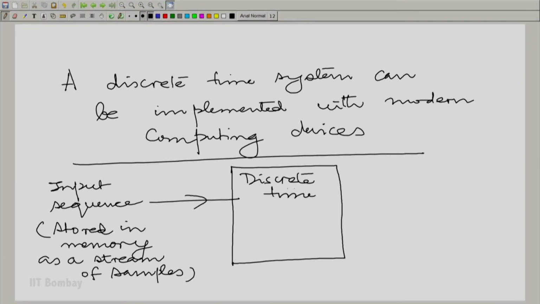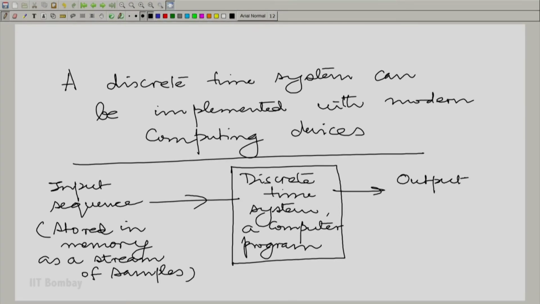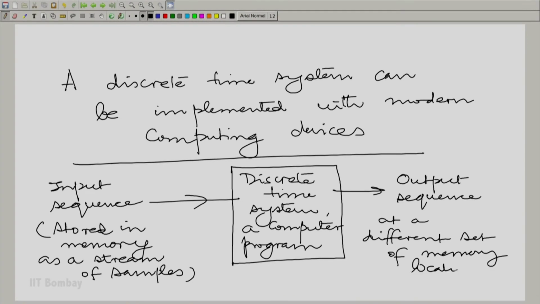The discrete time system can be a computer program. This would generate the output sequence at a different set of memory locations. So, we have this beautiful situation where once you have got the input sequence, you can write a computer program to process it and get the output sequence.